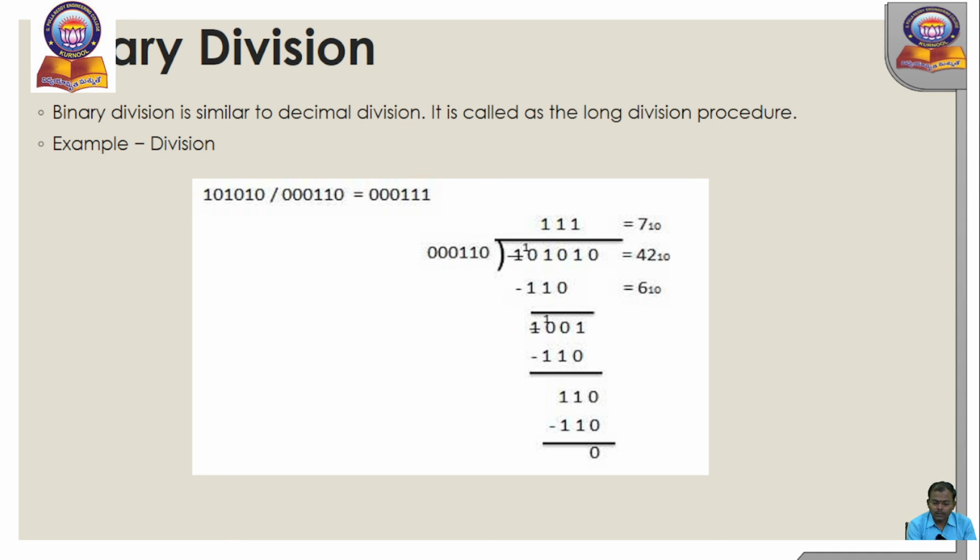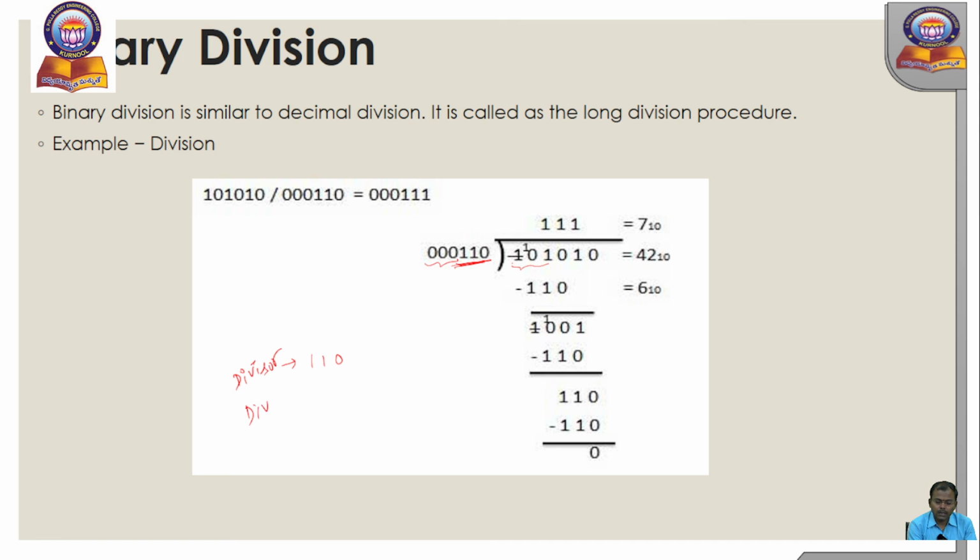First we have to compare the divisor with the dividend. In this case the divisor is 110. It is a 3-bit number and the remaining bits are zeros, so no need to consider them, only these three, that is 110. And you have to observe the dividend value.